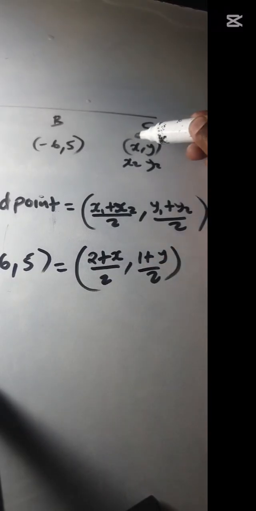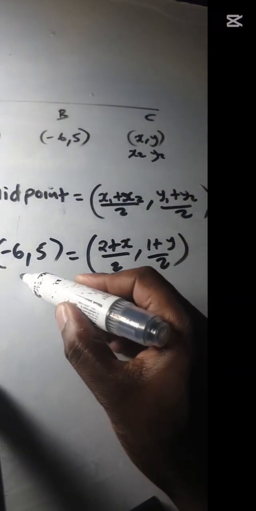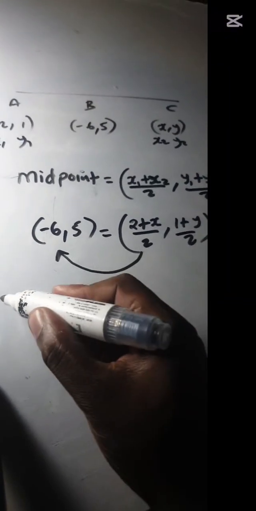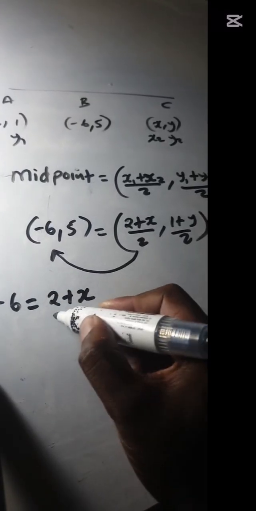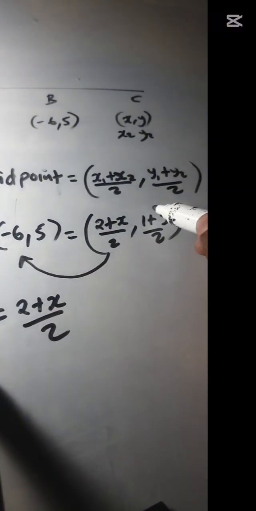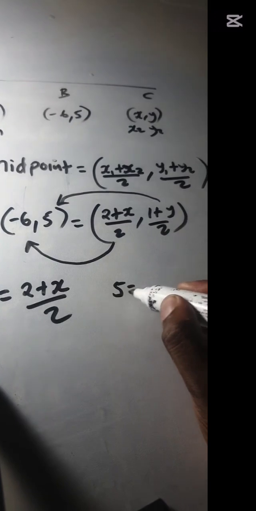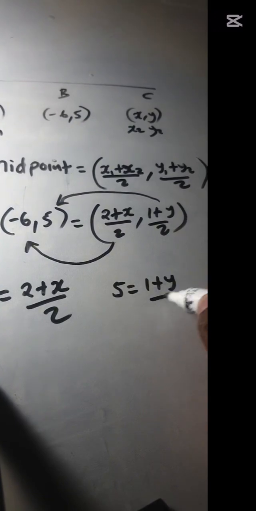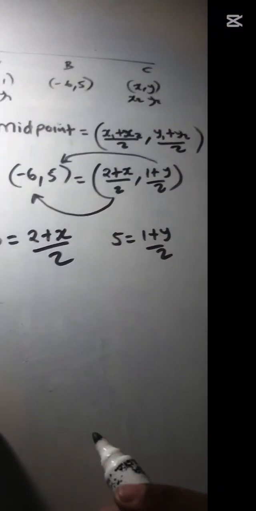We are finding x and y, so we equate: negative 6 equals (2 plus x) over 2, and 5 equals (1 plus y) over 2. The key is to find the x and y for the coordinate C.